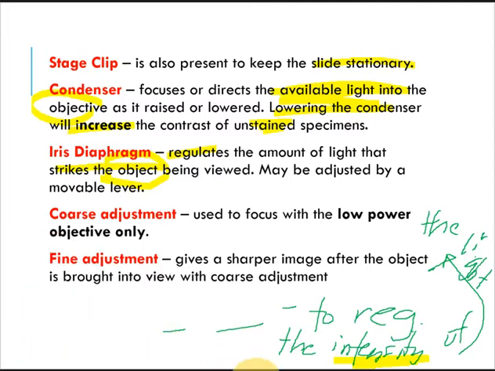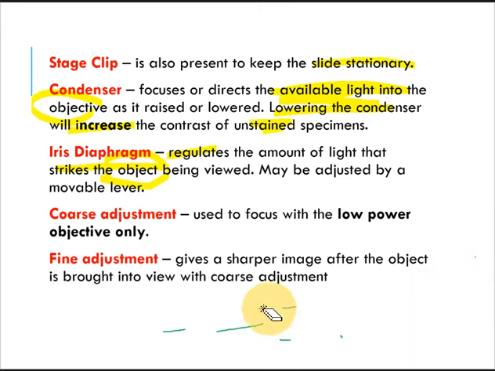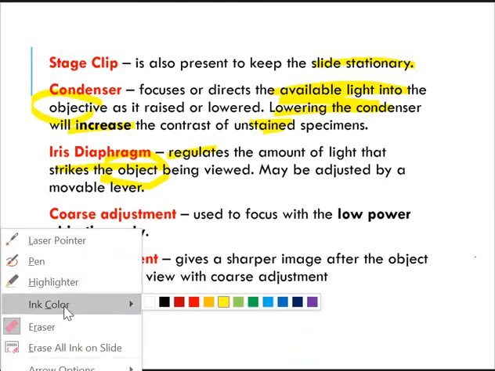This is usually followed by using your fine adjustment knob to sharpen the image. So initial focusing is coarse, then fine to sharpen the image.